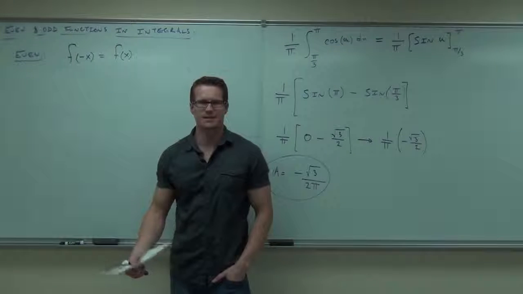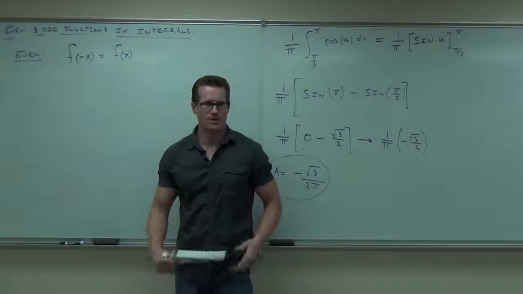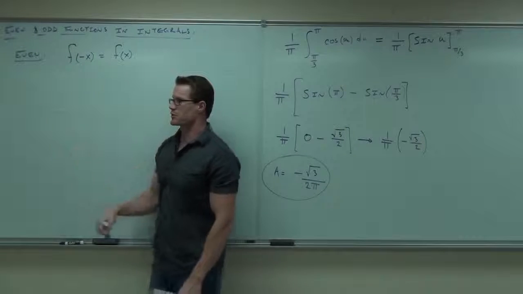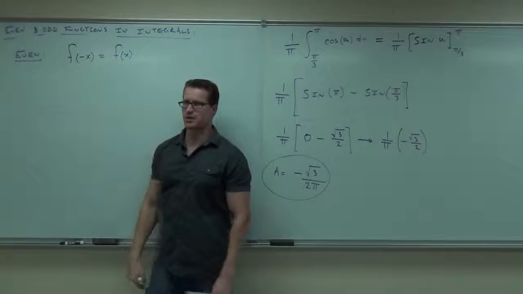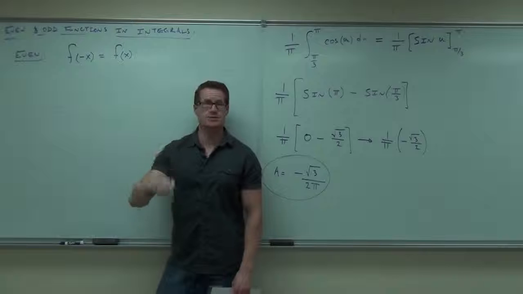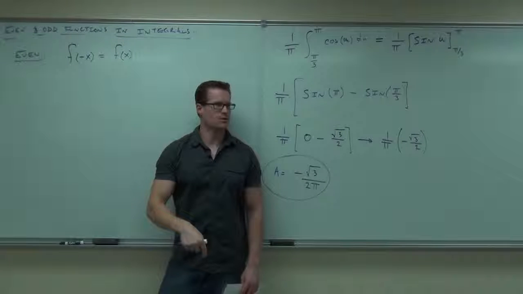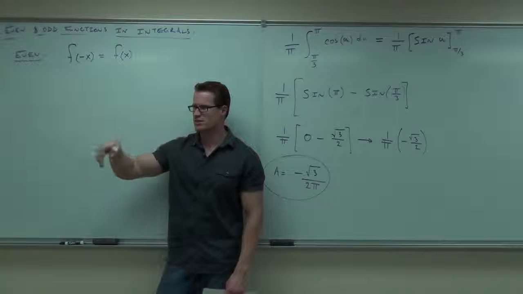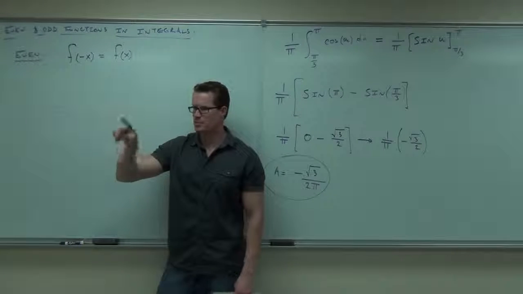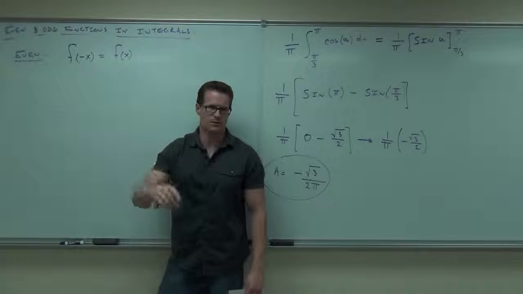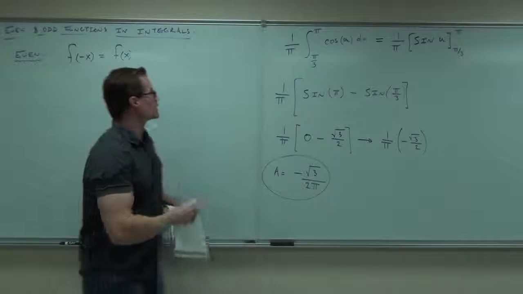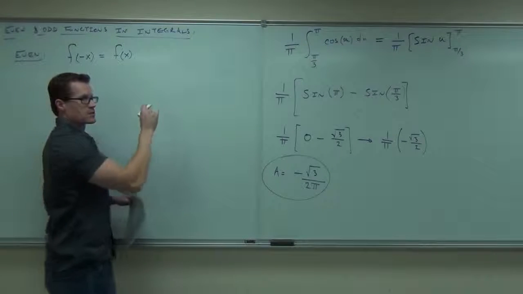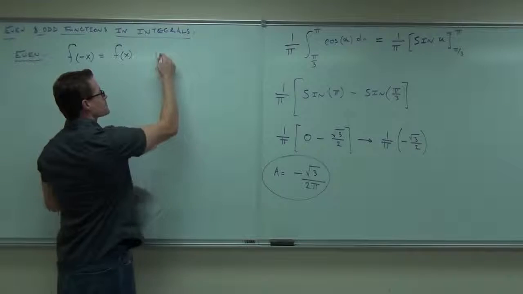I hope it makes sense on why that would work. It says you plug in a number or the negative version of that number and your height is the same. What that's going to do is make it symmetric about the y-axis. Notice that? Plug in 2, you get out 7, whatever. Plug in negative 2, you get out 7. That means it's symmetric. It's going to go up at the same rate on either side of the y-axis, and that's what this is doing. So it's this, and what it means is symmetric about the y-axis.